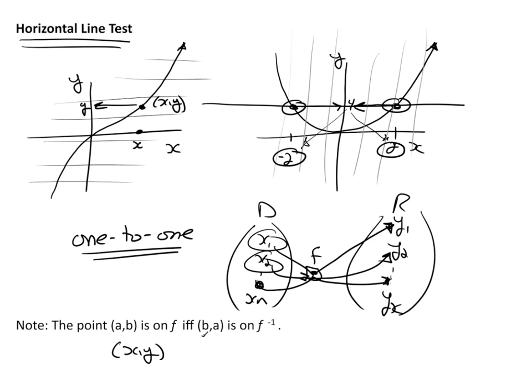These are values from the range, all the y values, and now they become the domain. So that means the point (y, x) is on the inverse. I put an x into function f, it gives me y. I put y into the inverse function, that y is now my domain, and that will give me the original value of x.